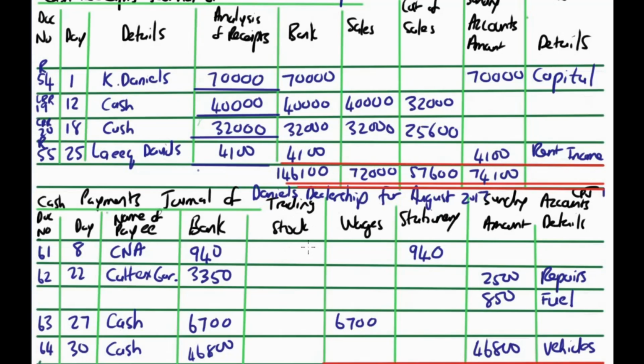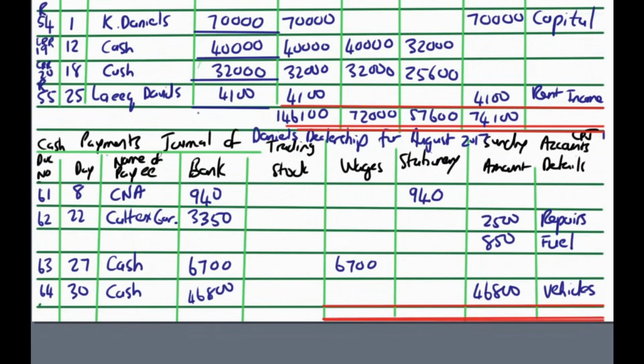And what you'll notice is that when you add up your sales and your sundry accounts column, so if you take the 72,000 of sales plus that amount of 74,100, you'll get to your bank amount, because the bank is the total amount you've received for the month, and it comprises of the sales amount as well as the sundry accounts. When it comes to the CPJ, apologies guys, we have to actually do the total for bank as well.